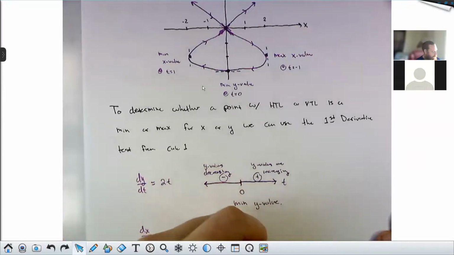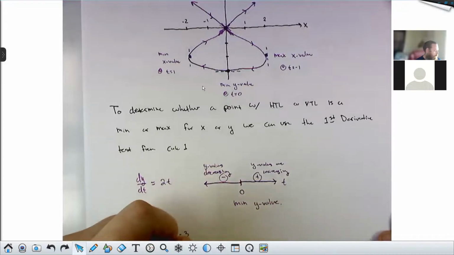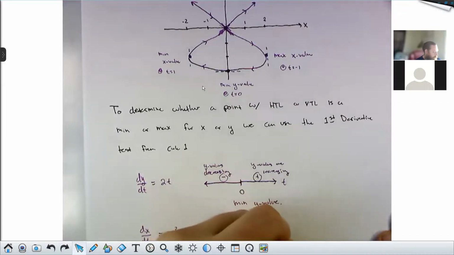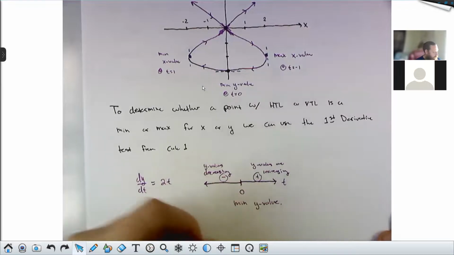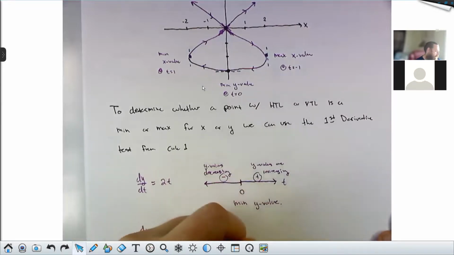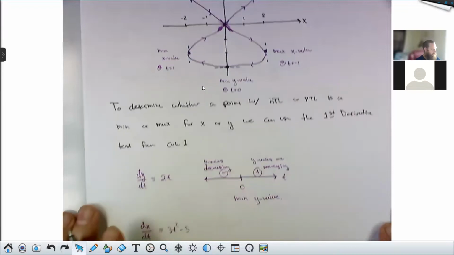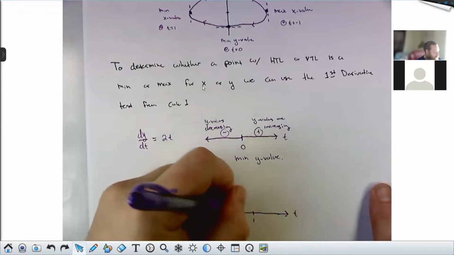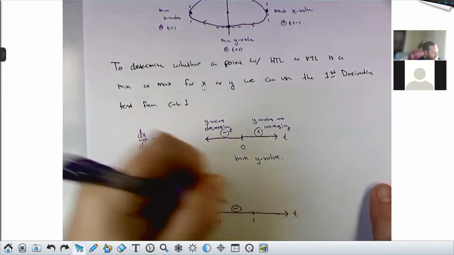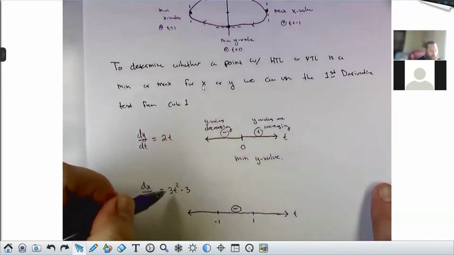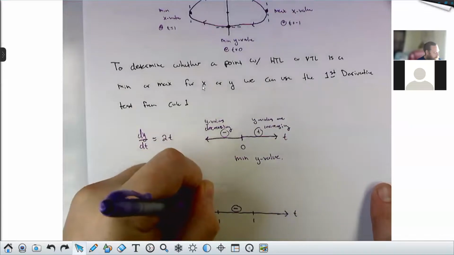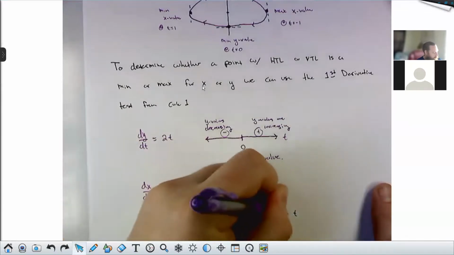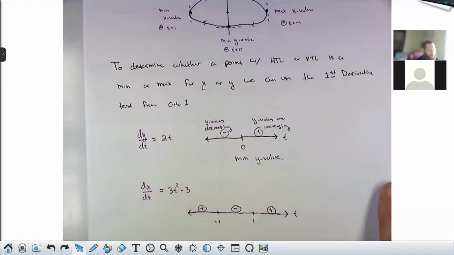And if I draw a little number line for dx/dt, plotting the two critical numbers that we had, which were -1 and +1, we know at t equals 0, this guy is negative. And then because this is a quadratic, when you go off to the left or the right, the lead coefficient is positive, which means this guy will be positive. Or you can make a sign chart. You could test t values however you want to do it.